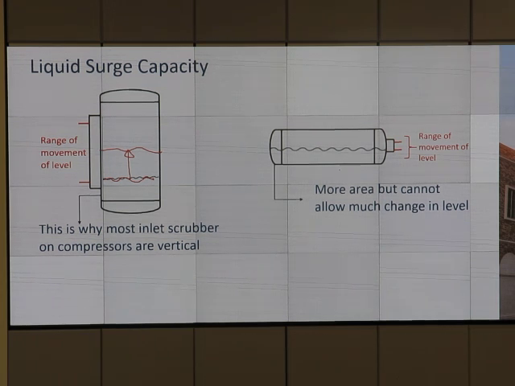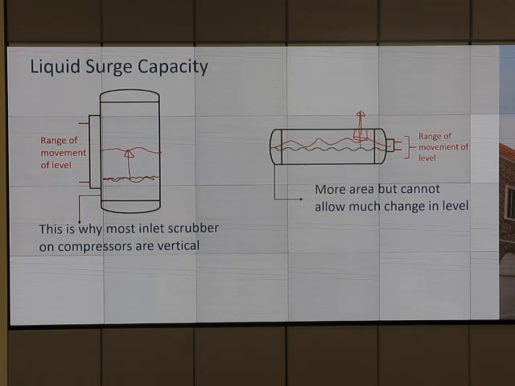Okay. What happens if we have a horizontal separator? Okay, mist extractor maybe over here and outlet over there. So when we have the surge come, the liquid level goes up a little bit too, but it may flood the mist extractor or make droplets go out. So the level change is not good for a horizontal separator because the same amount of change in the level can cause problems, right?